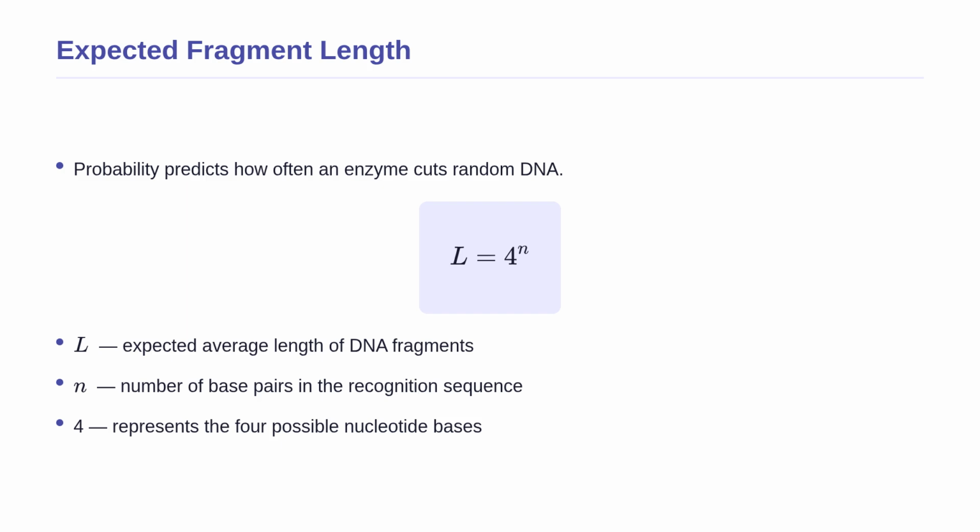The variable n represents the number of base pairs in the specific recognition sequence of the restriction enzyme. The number 4 comes from the 4 possible nucleotide bases: adenine, thymine, cytosine, and guanine. If the value of n increases, meaning a longer recognition sequence, the expected fragment length L increases exponentially because the sequence becomes much rarer.